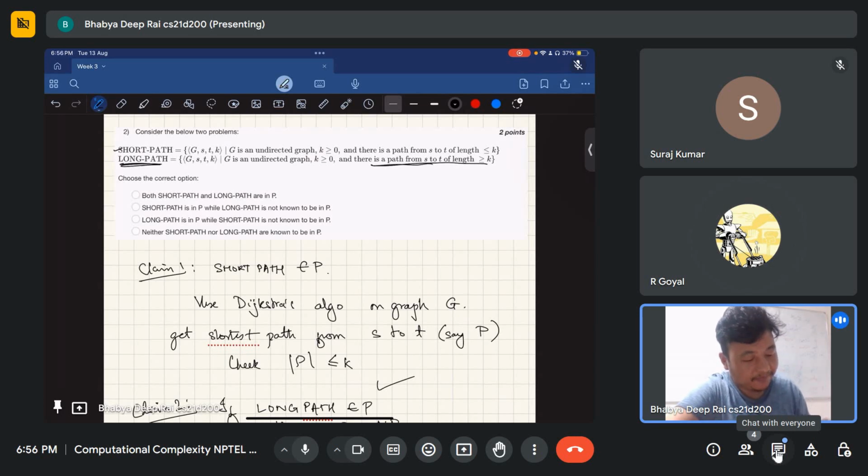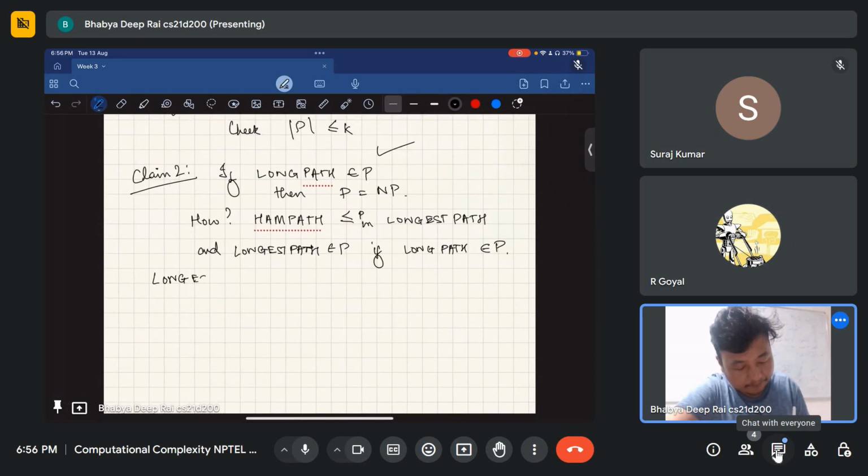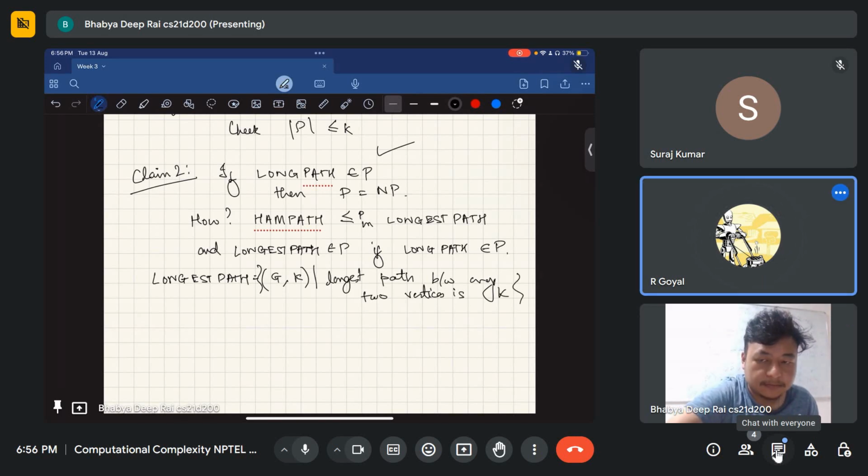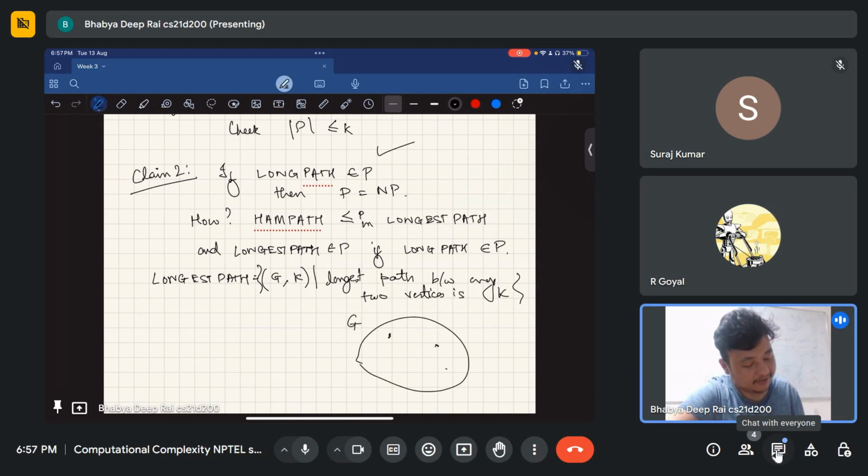Long path is: there is a path from S to T of length at least K. Longest path is: given G and K, the longest path between any two vertices is K, exactly equal to K. If I have a graph G and I take any longest path, let's say this is the longest path, and this is of length K, that is the longest path possible.